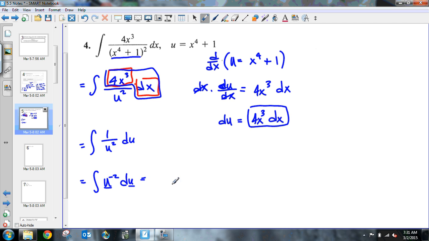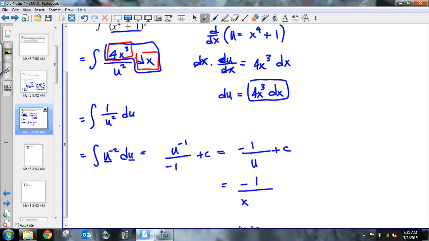So I increase the exponent by 1, so we get u to the negative 1, and then we divide by our new exponent, and then we add the plus c. After I simplify, I get negative 1 over u plus c. Now I want to put my u back in, so I resubstitute for u, and I get negative 1 over the quantity x to the fourth plus 1, all plus c. And this is my antiderivative.